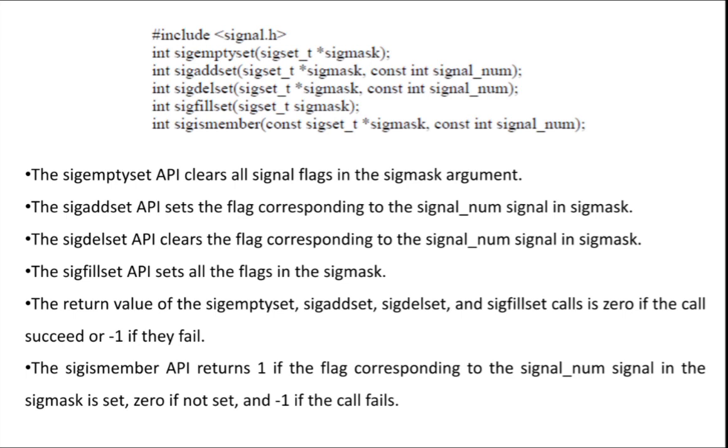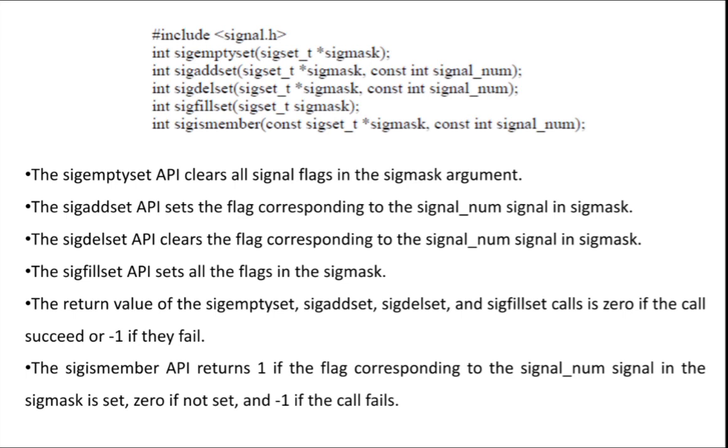If you want to check whether a particular signal is present in the signal mask or not, you can do that using the sigismember function. If the signal is present, it will return 0, and if the call fails, it will return -1.